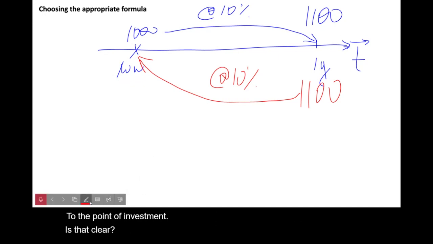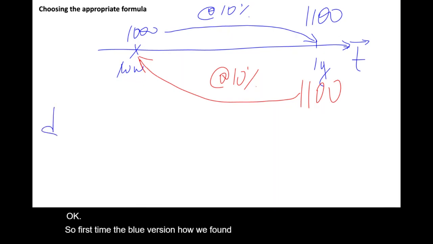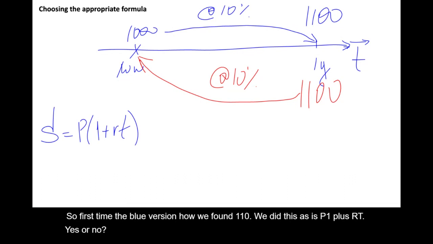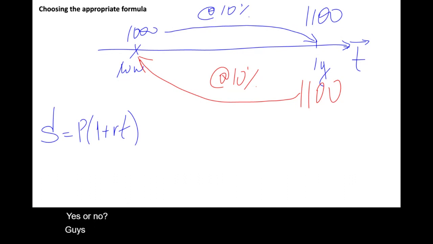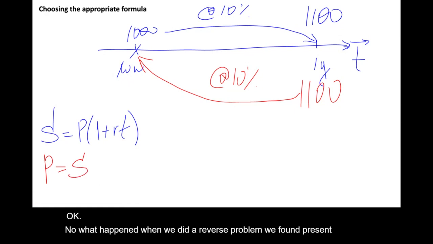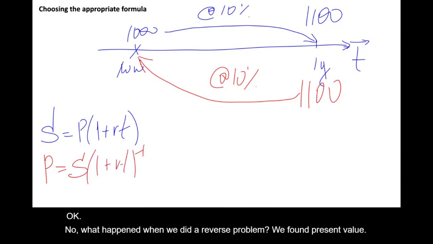Okay. So the first time, the blue version, how did we find 1,100? We did this. S is P(1 plus RT). Yes or no? Everybody see that? Now, what happened when we did the reverse problem? We found the present value.